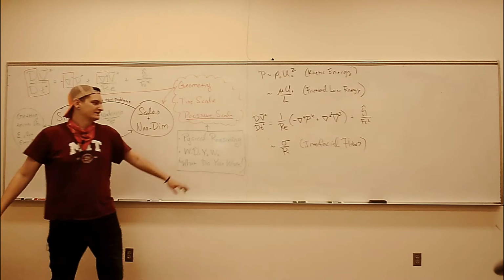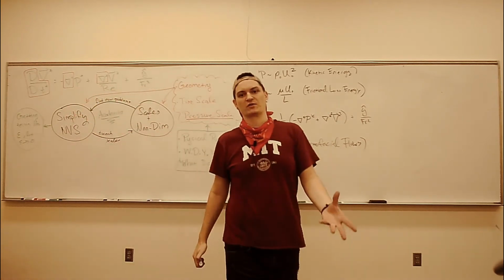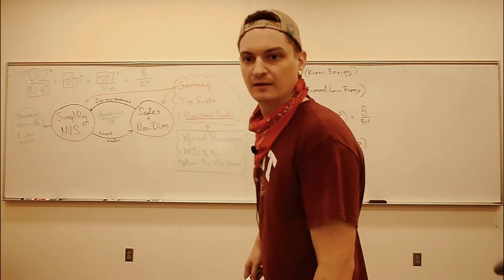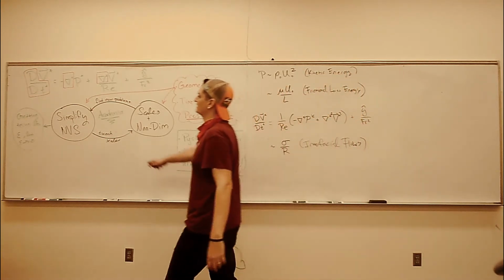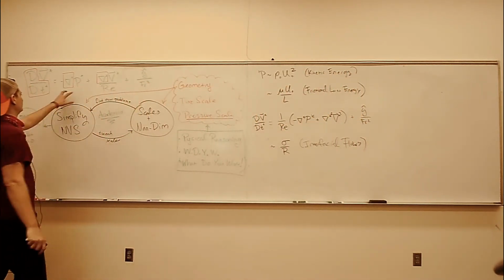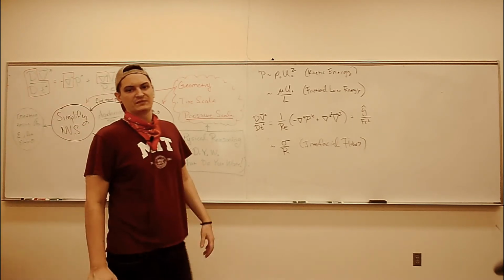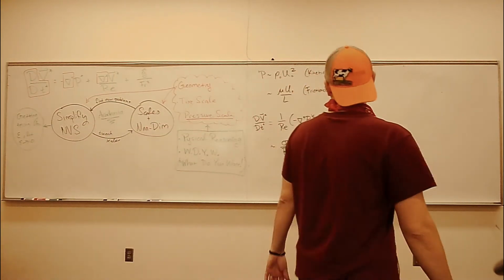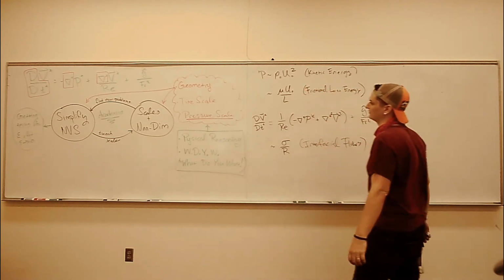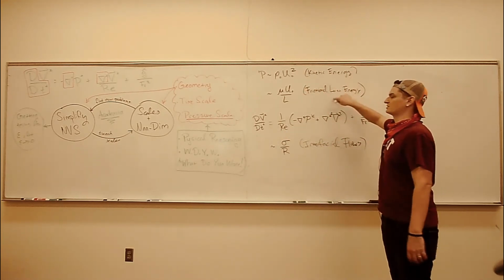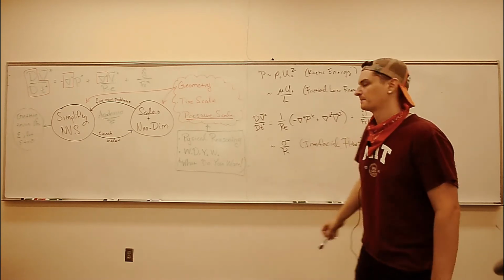All this is getting at is that there has to be a pressure around to drive the fluid. If there were no gradients in pressure, or no shear forces, then you wouldn't have a flow. So one of these terms has to stick around, which is the issue of picking a pressure scale. And it comes from where you believe most of the energy is going or coming from.